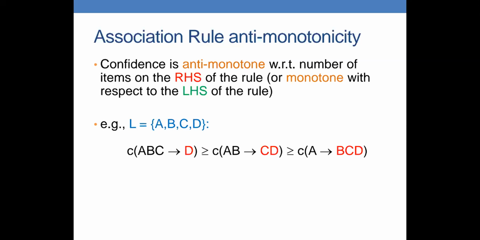Confidence is anti-monotone with respect to the number of items on the RHS of the rule. Here, with L equal to ABCD, the confidence of ABC implies D is always greater than or equal to the confidence of AB implies CD, which is always greater than or equal to the confidence of A implies BCD. This rule must be followed. That is anti-monotonicity in association rules.